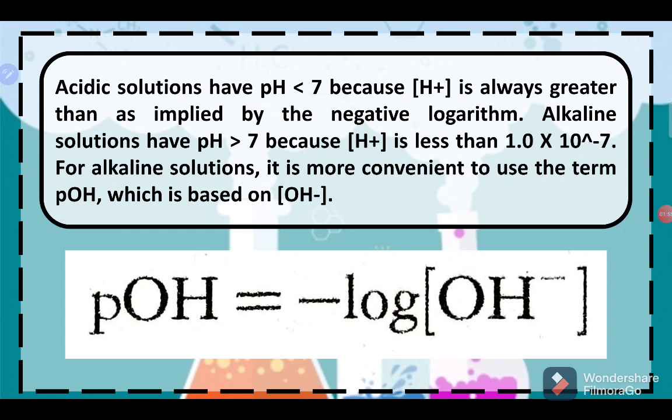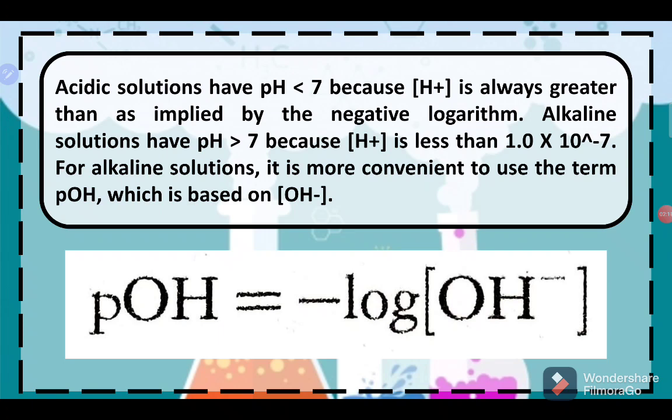Alkaline solutions have a pH greater than 7 because the hydrogen ion is less than 1 times 10 raised to negative 7. So for alkaline solutions, it is more convenient to use the term pOH, or power of hydroxide, which is based on the hydroxide.